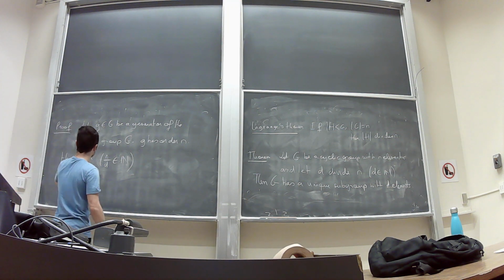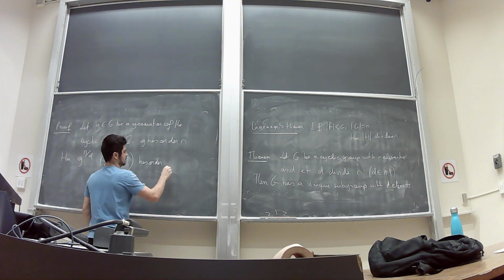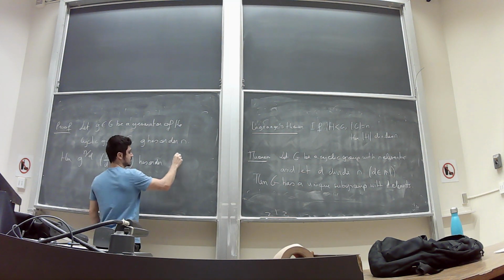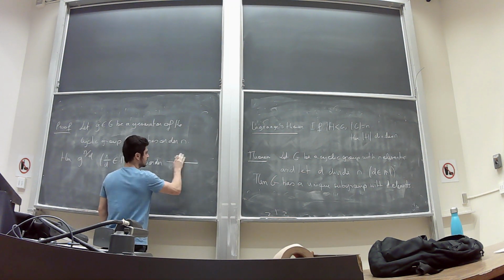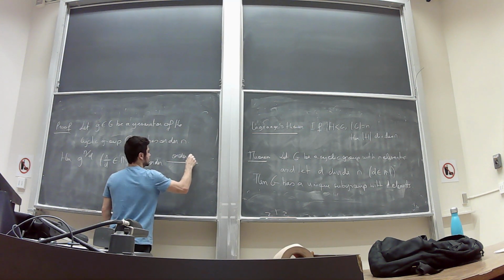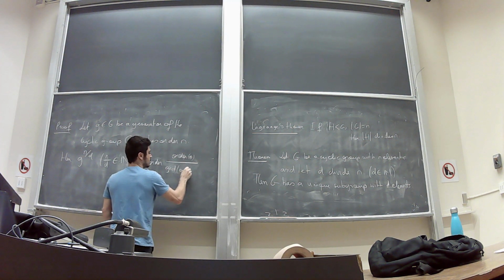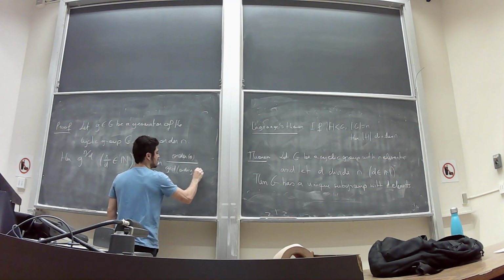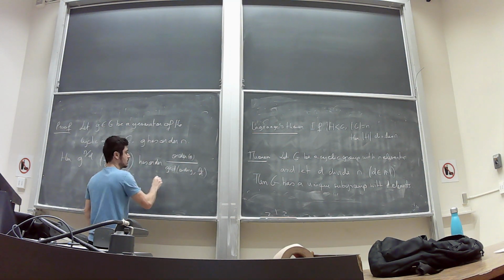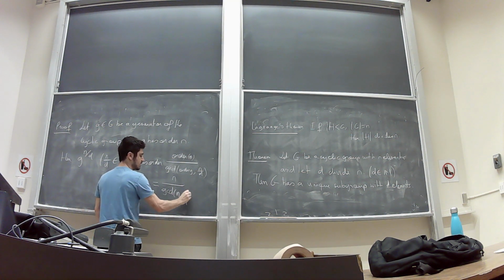Then g to the n over d has order, you've seen the formula for this, the order of g divided by the GCD of the order of g and n over d, which is just n over GCD of n and n over d.